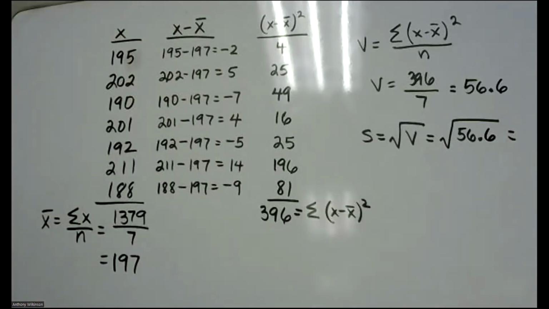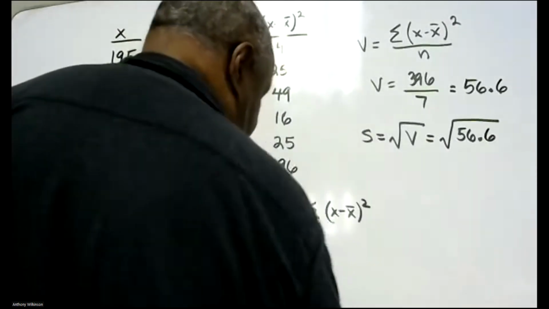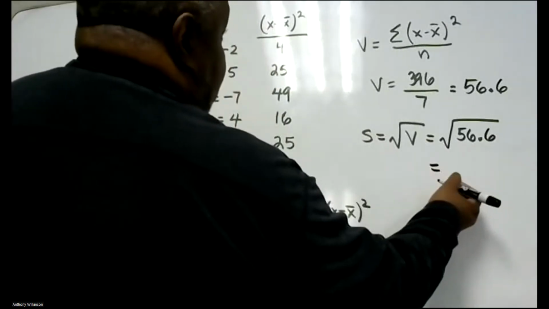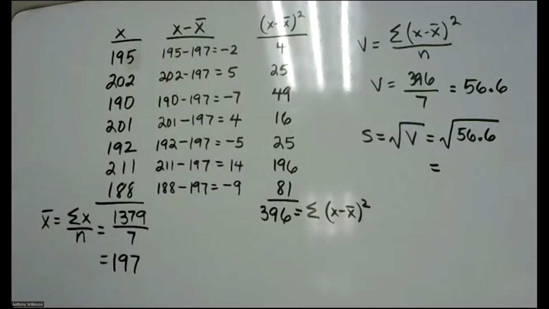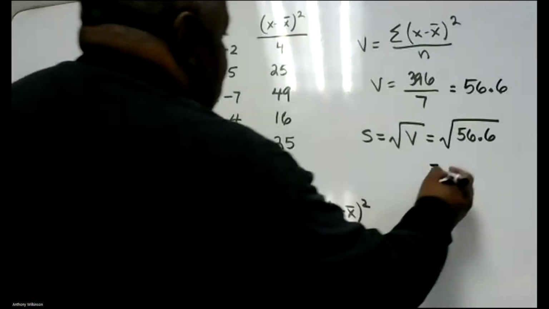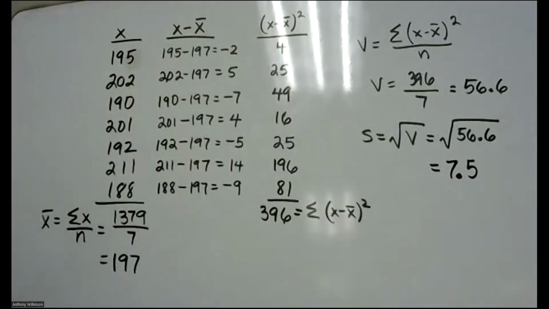So if we take the square root of 56.6, to one decimal place, we get approximately 7.5. So the standard deviation of this set of data would be 7.5.